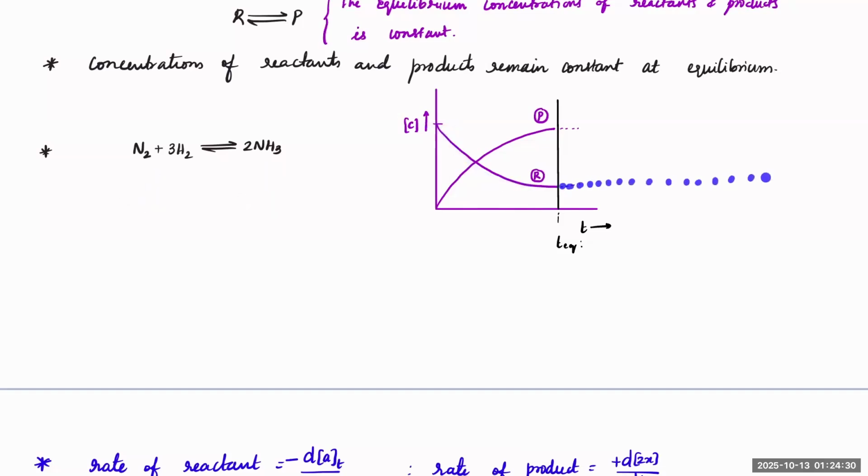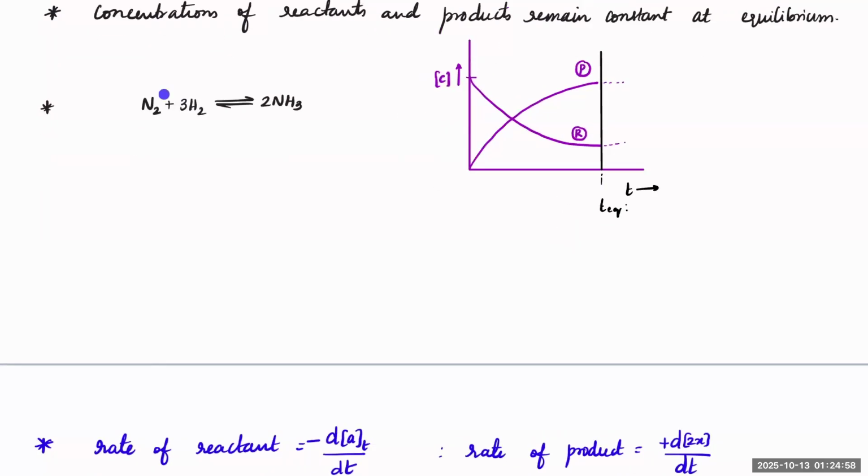Now after that it is not changing. Likewise, if you notice the product, once you get ammonia, you will hardly notice any change here. Concentration of that product remains constant. Clear, beta? If this happens, that means equilibrium has been achieved.